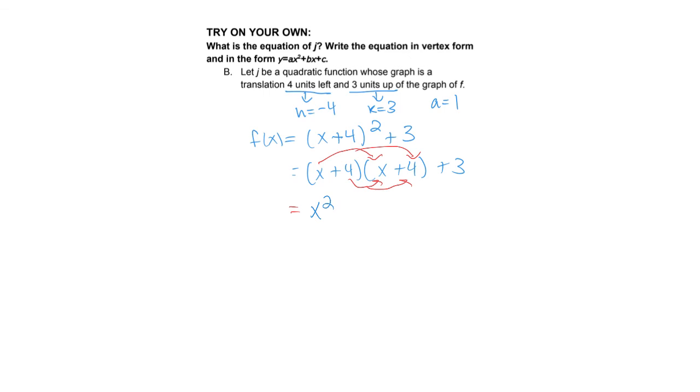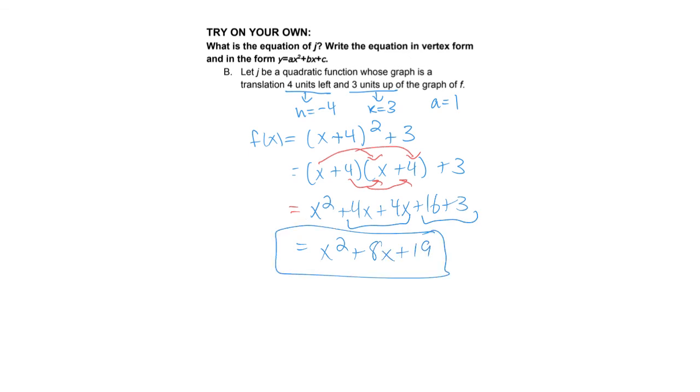X times 4 is 4x. 4 times x is 4x. And 4 times 4 is 16. Combine our x's, combine our constants. We get x squared plus 8x plus 19.